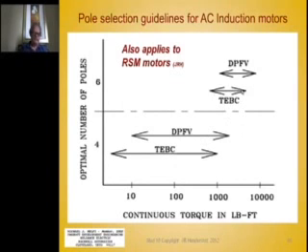Really what it boils down to has a lot to do with the chord length on the surface of the rotor. You can use higher pole motors if the rotor's bigger. For real large motors, you can have high pole count induction motors, but not for smaller ones under 1,000 foot-pounds.